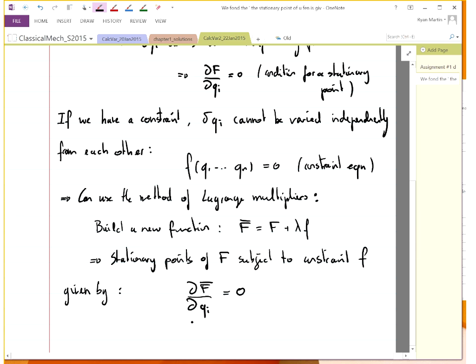So that's an equation with lambda in it. And then the second equation that you need to solve is that the f of the q's equals 0. So that will be n plus 1 equations that you need to get lambda.